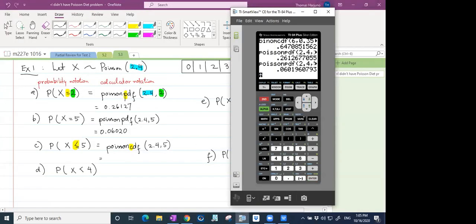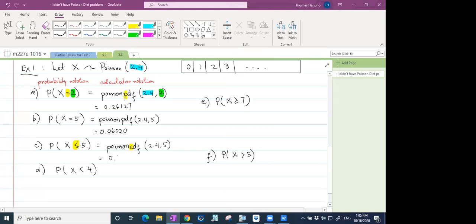That's Poisson CDF 2.4, cumulative up to 5. 0.96433.